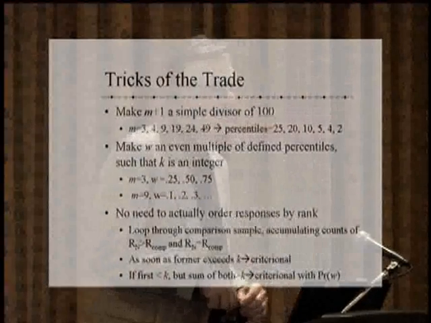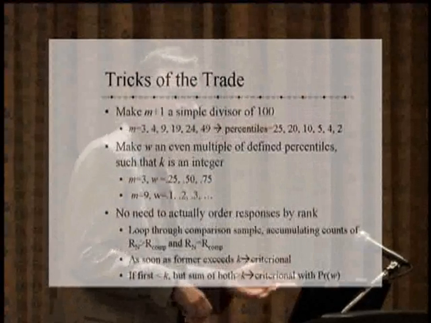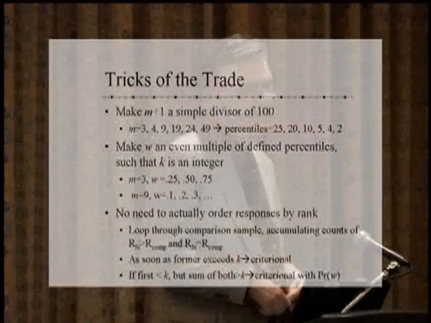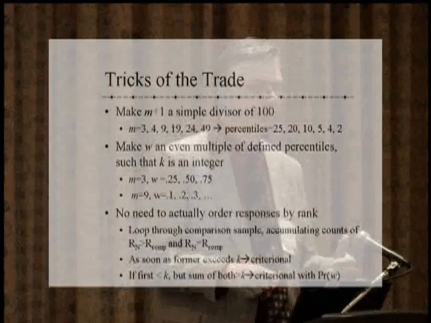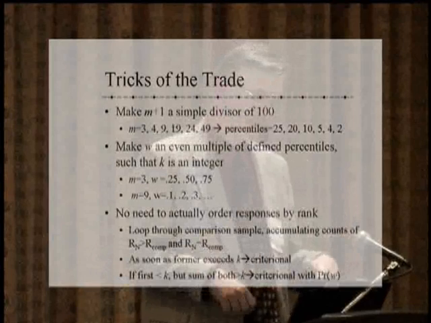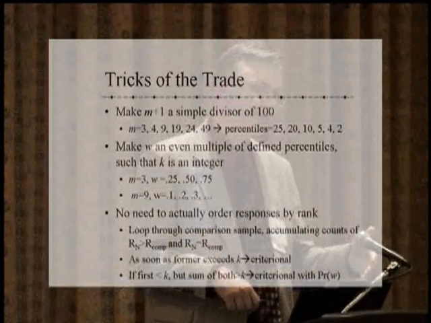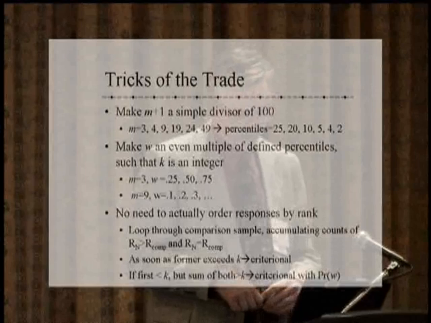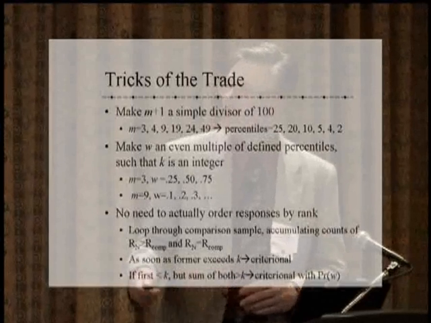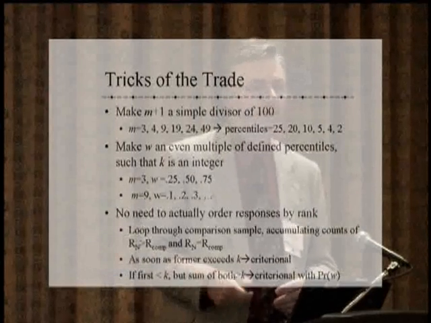You should make w an even multiple of whatever you define the percentiles to be, such that k is an integer. So if m is 3, you're defining quartiles, then w most easily takes on 0.25, 0.5, or 0.75.